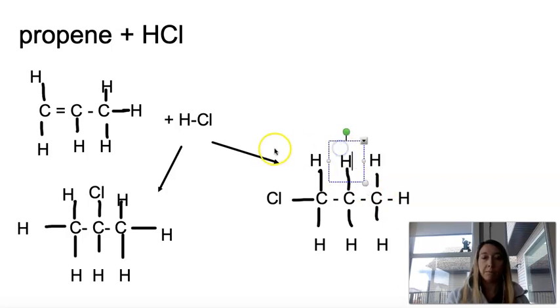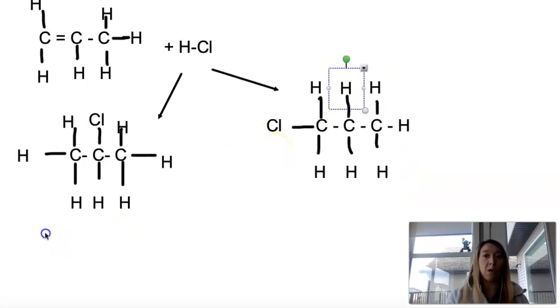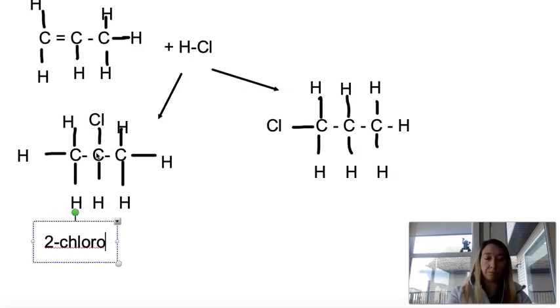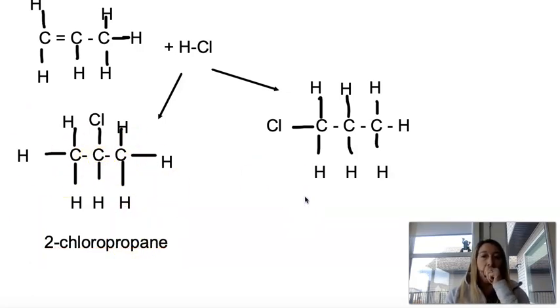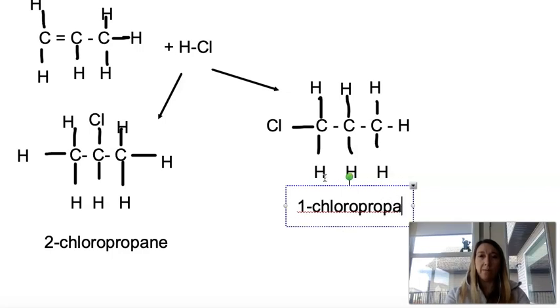Okay, again, we wind up with two possible names. So the name for the one over here, because chlorine is on carbon number 2, is going to be a 2-chloropropane, right? Prop because of 3, ane because everything is a single bond. This one over here, the chlorine went on number 1, so it's going to be a 1-chloropropane. Okay, so two different options.